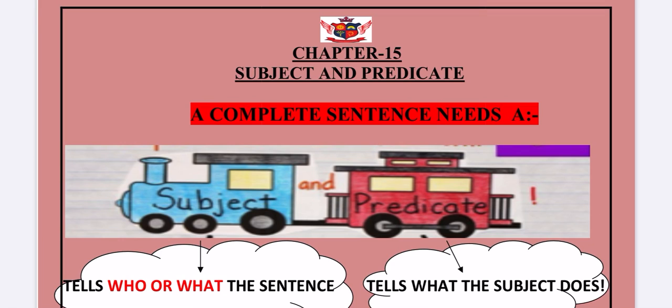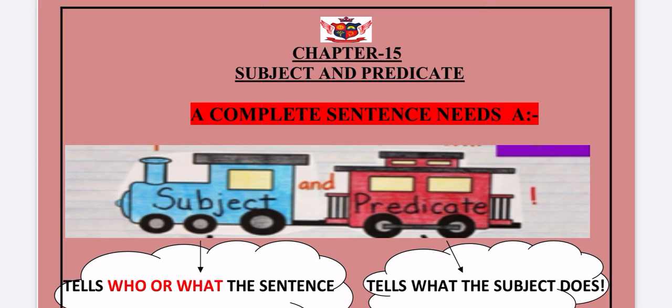So, our next chapter in grammar is chapter number 15, subject and predicate. Once again, chapter number 15, subject and predicate. Students, just as a train needs an engine and compartments to run itself, so a sentence also has to be complete.